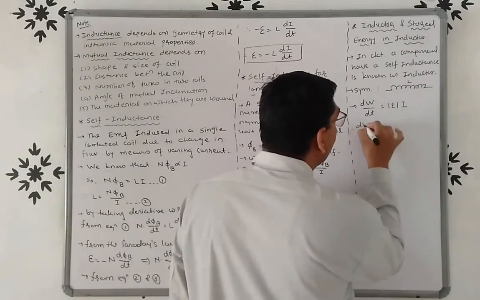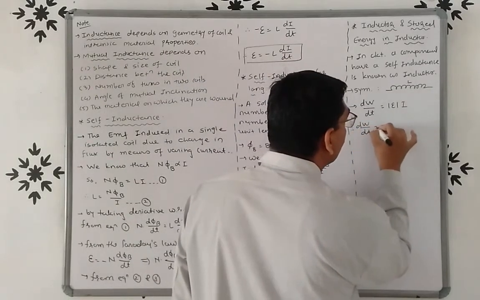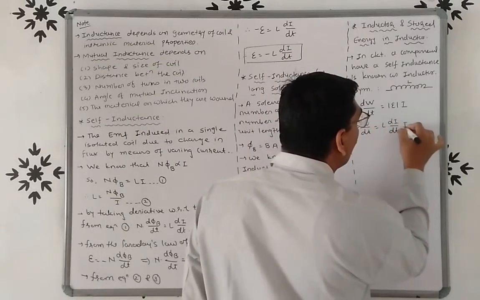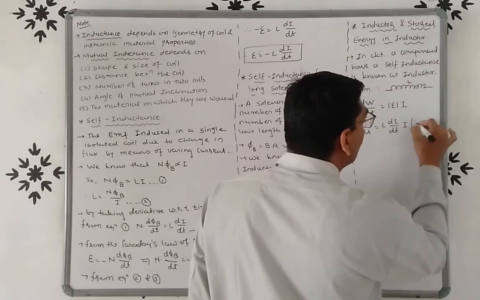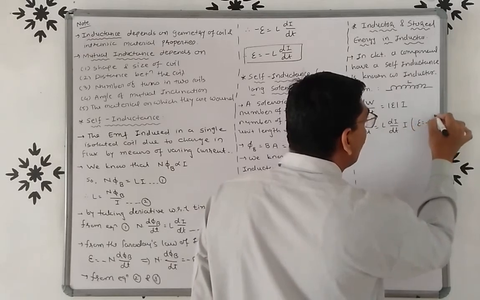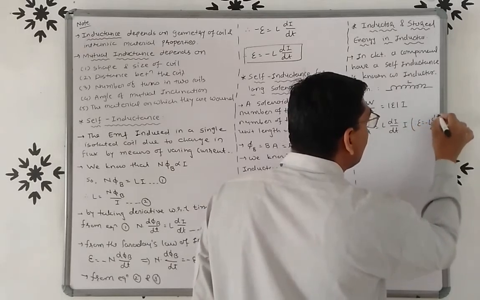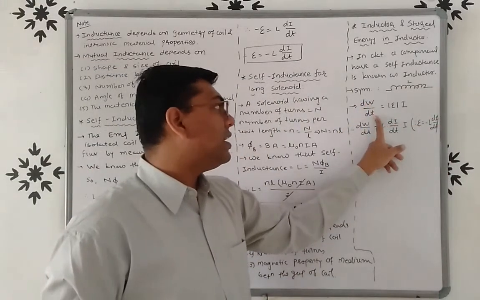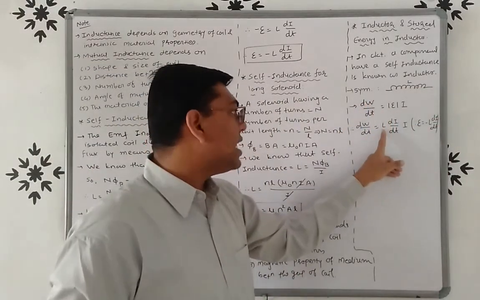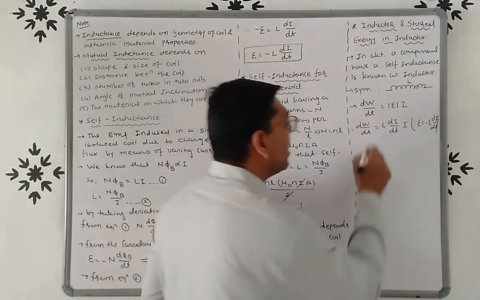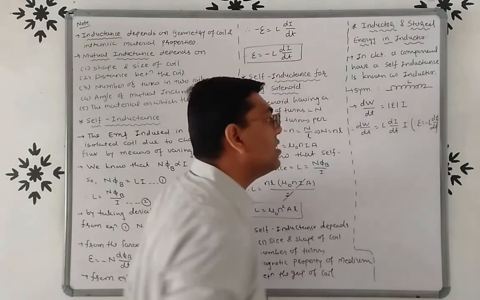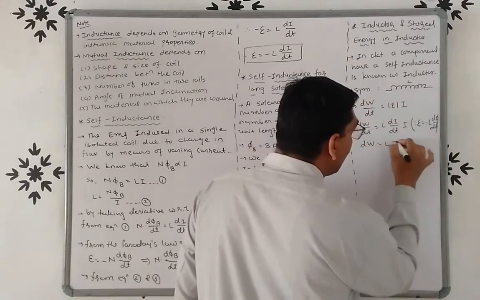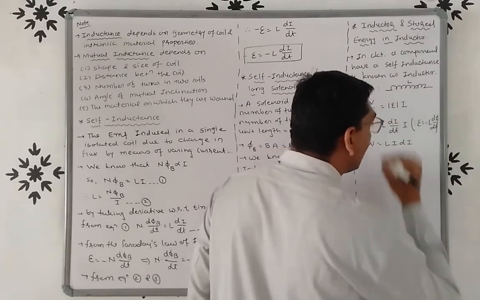So dW by dt is equal to L di by dt into I. Here dt cancels, so we get dW equals L I di.